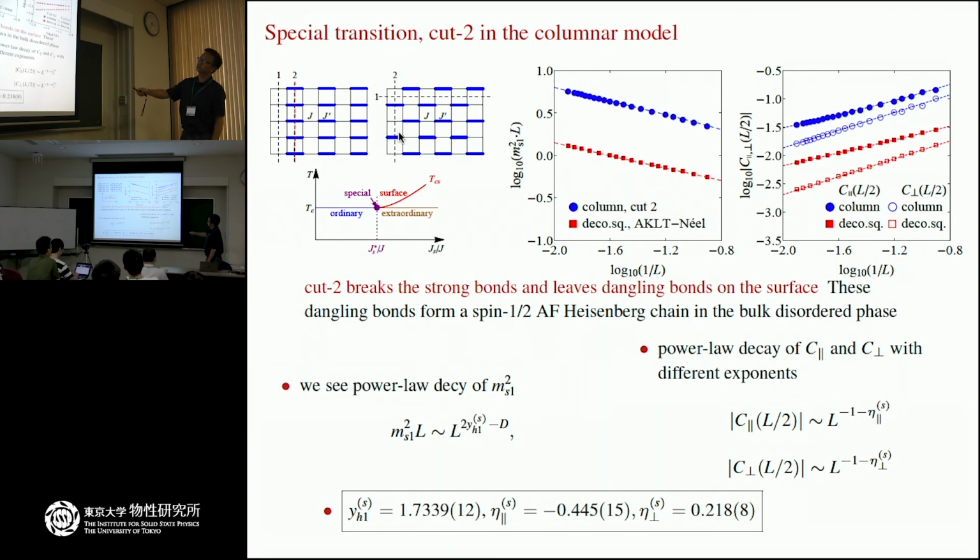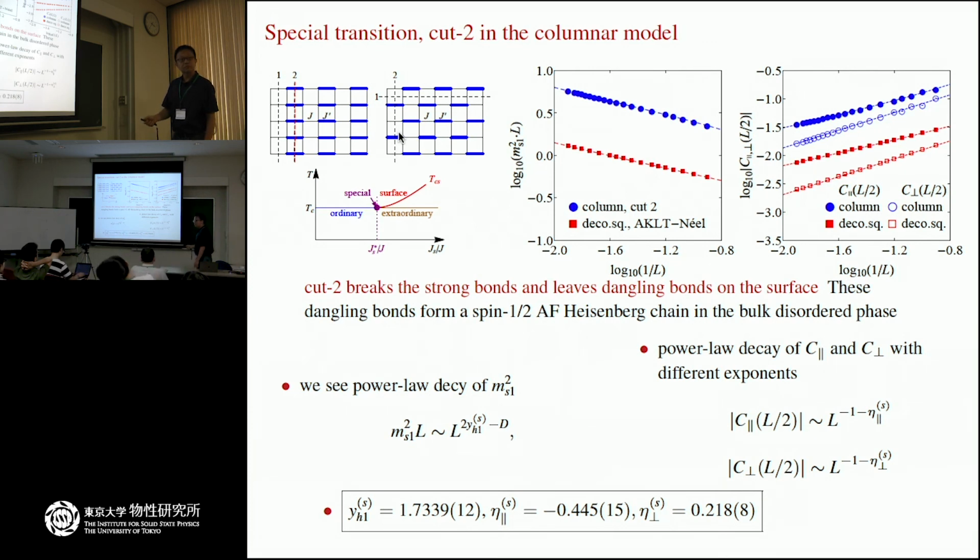First we see this quantity converge to 0, so the constant term goes away, and this is log, and we can find this exponent for the special transition. Also C perp and C parallel give us this eta, this 2 eta, and all these are here, and they satisfy the scaling relation, and they are different from the ordinary value.